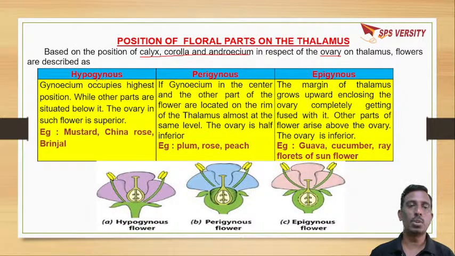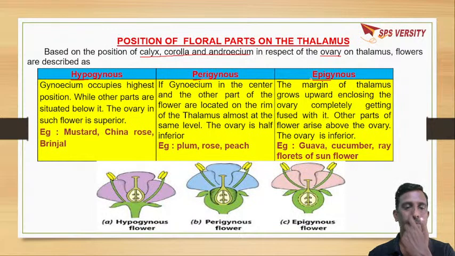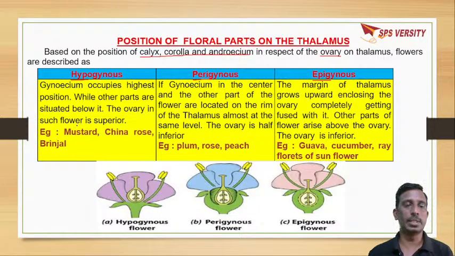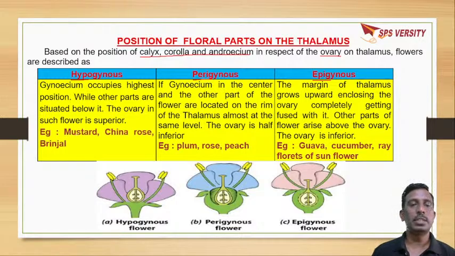One is hypogynous, next perigynous, next epigynous. Here in hypogynous, the gynoecium occupies the highest position. It is present in the center and occupies the highest position, while the other parts arise from the base of the ovary.